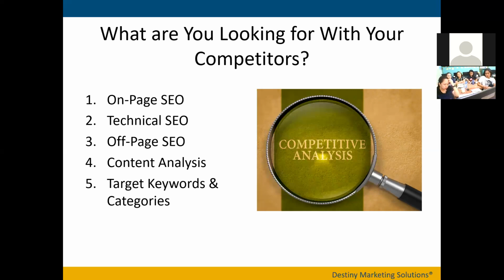What are some of the key points that they are leading with in their content? Those are all good strategies to use for your own website. And then probably one of the most important areas to look at is target keywords. So what keywords are they targeting, and what categories are they targeting as well? Again, this is something that we can use tools for, and that we'll go into a little bit later.